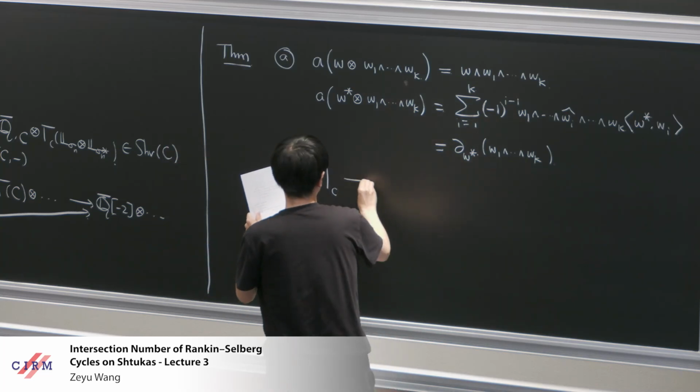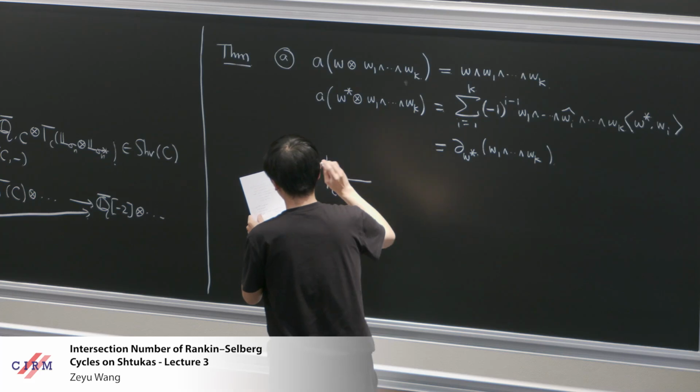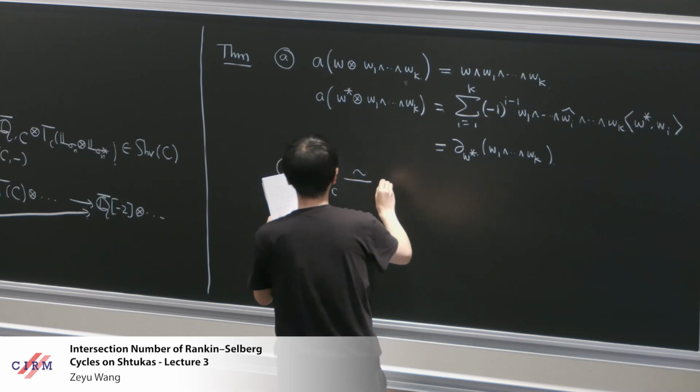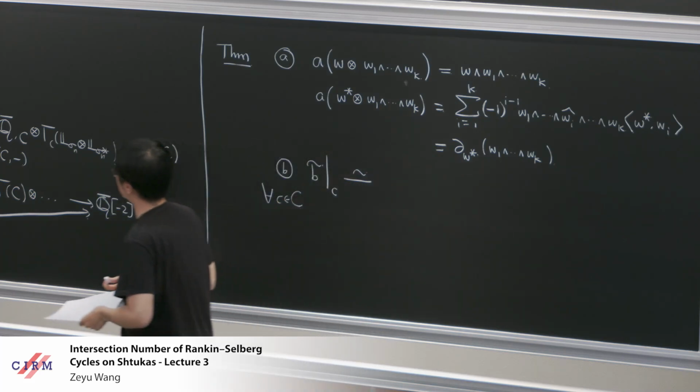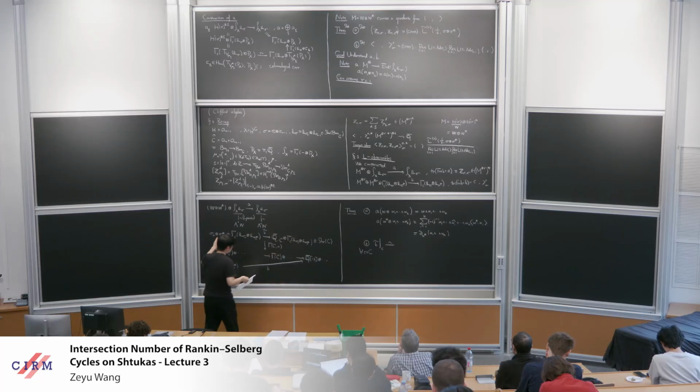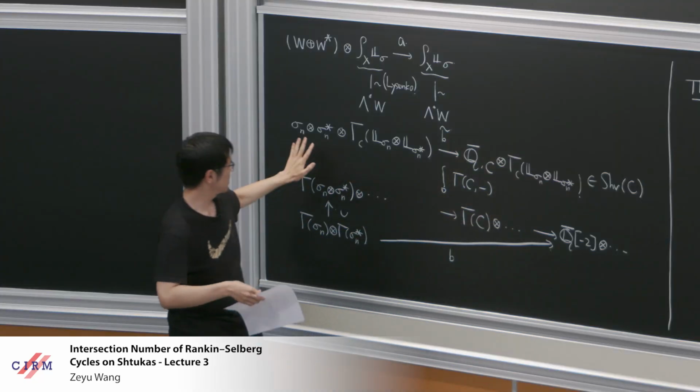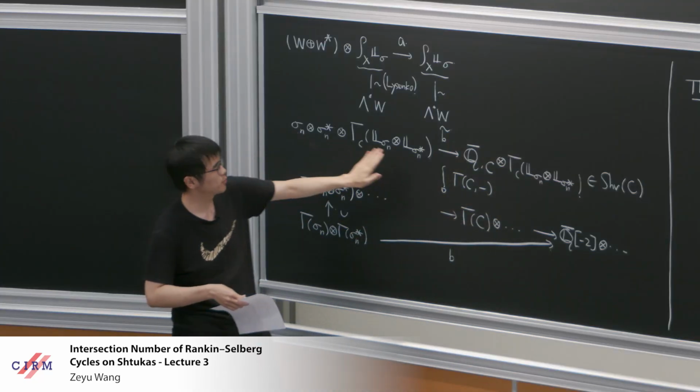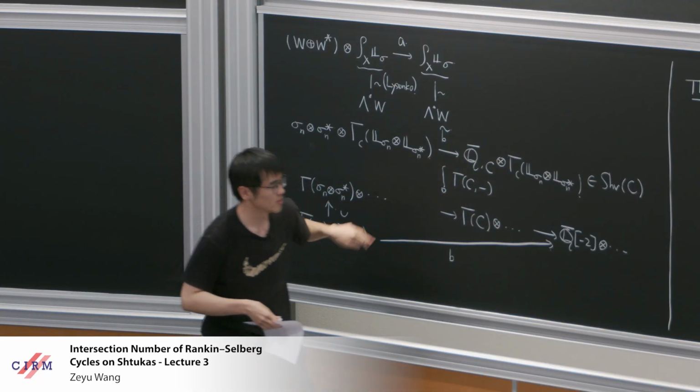The stalk of B at the point is really the same as, okay, what's the most natural map you can think of here? Just ignore this factor, and there's a natural map from sigma n tensor sigma du to the constant local system.